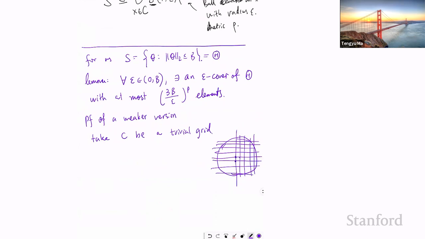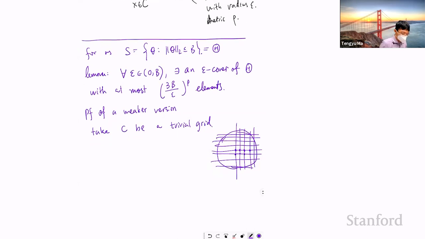Then you take all these points as your C, and that's it. Then the question is just a matter of counting and how fine-grained your grid needs to be.